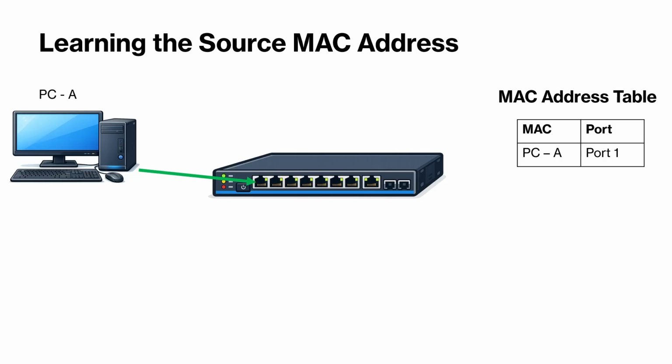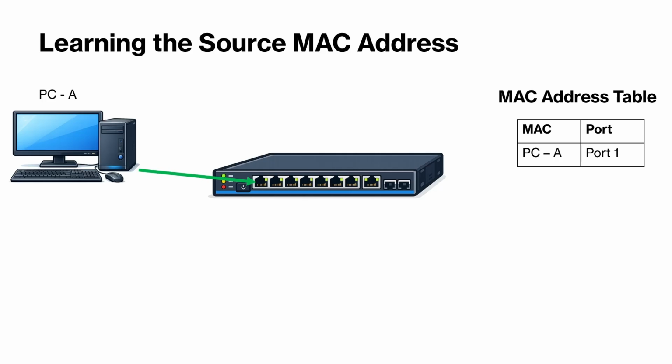And this is important. Before the switch even looks at the destination, it learns the source. Why? Because the source MAC is proof of location. A switch can safely assume that if a frame came in on port 1, then the device with this source MAC address is reachable through port 1. So the switch writes a note in its memory, MAC address of PCA to port 1.